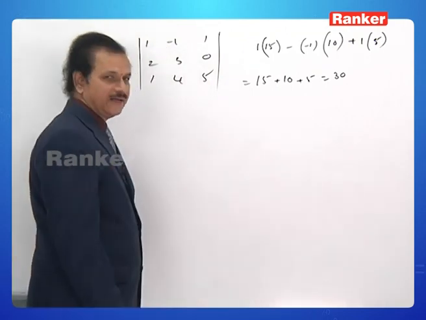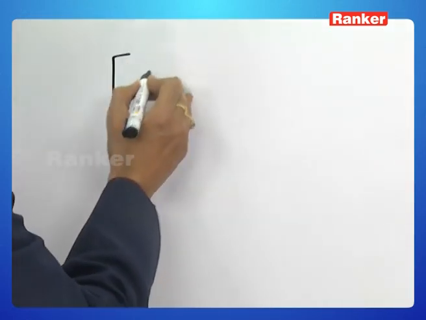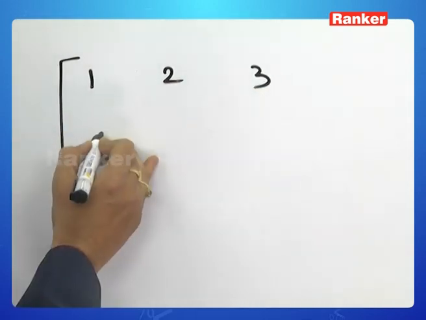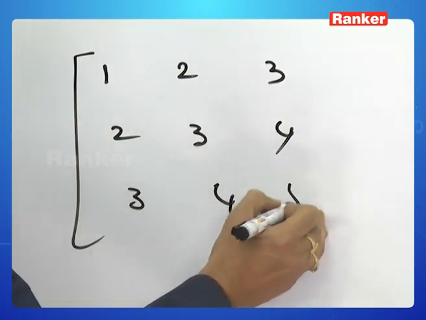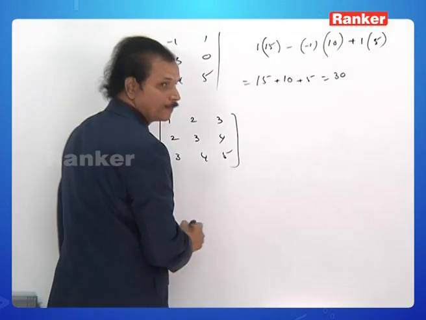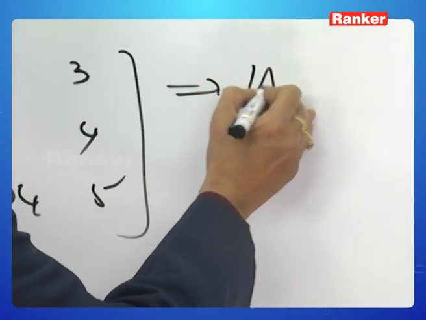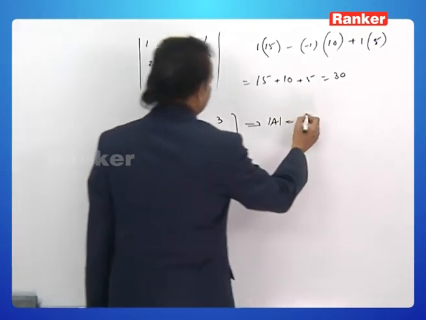As an example, we have done that. One more thing. 1, 2, 3. 2, 3, 4. 3, 4, 5. What is the determinant? This is A. That A is equal to, come on, tell me. 1 into 15 minus 16.